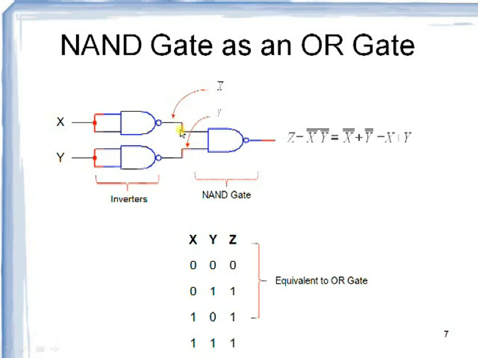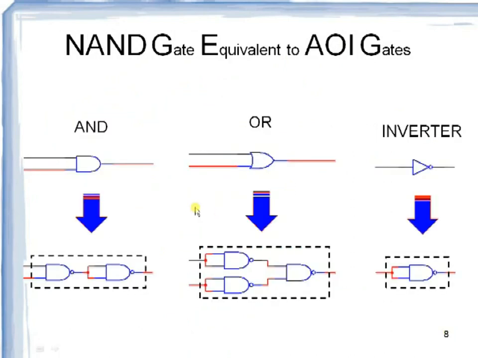Now these outputs are connected as inputs to one more NAND gate. Therefore the output becomes (X bar Y bar) whole bar, which is nothing but (X bar) whole bar plus (Y bar) whole bar. Here you have to apply De Morgan's theorem, therefore you will get X plus Y. This expression as well as the truth table exactly resembles the OR gate. Therefore this is the symbol used for representing the OR gate with the help of NAND gates.